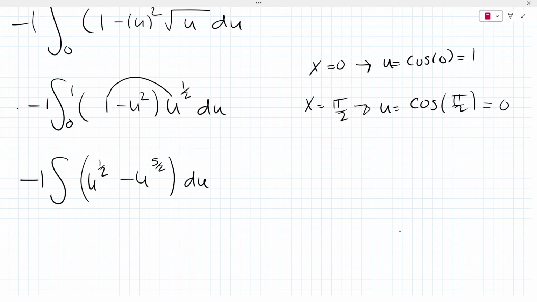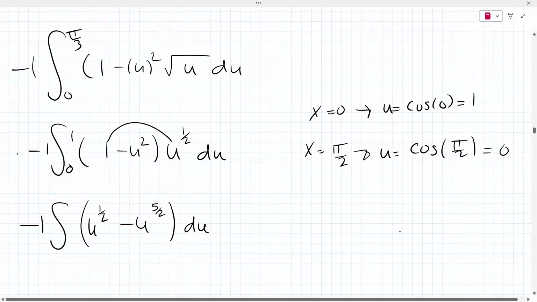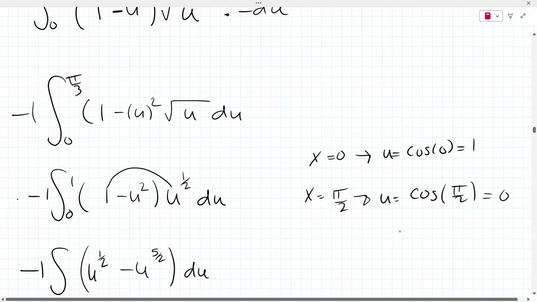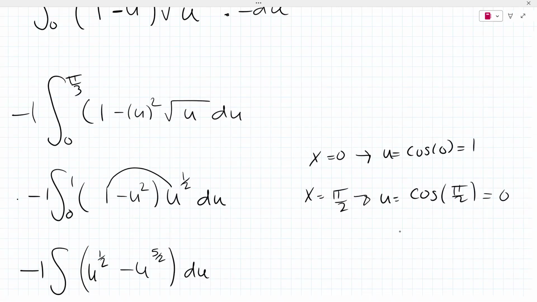Wait, I just realized if you look at our boundaries, if we plug in 0, our lower boundary, it gives you 1. I messed up. So this should be 1 here and then 0 here.